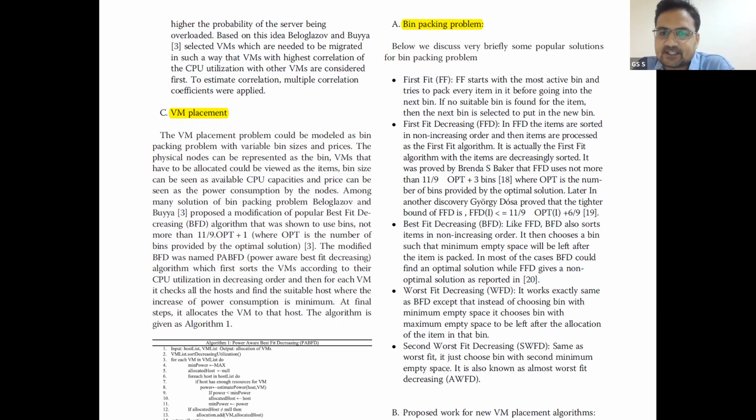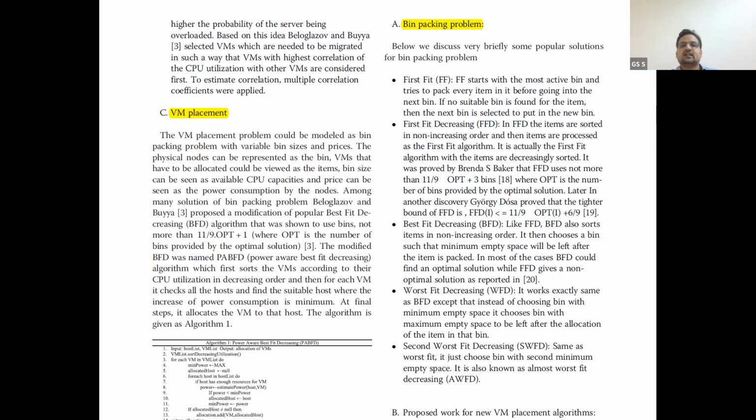The second one is first fit decreasing. You sort them in decreasing or non-increasing order, and then you apply the first fit algorithm. Best fit: where after allocation, the available resources will be minimal. That is known as the best fit algorithm. Another algorithm is worst fit decreasing.